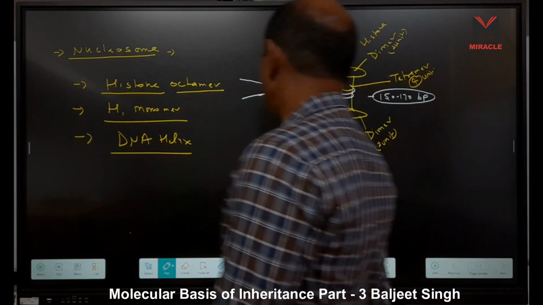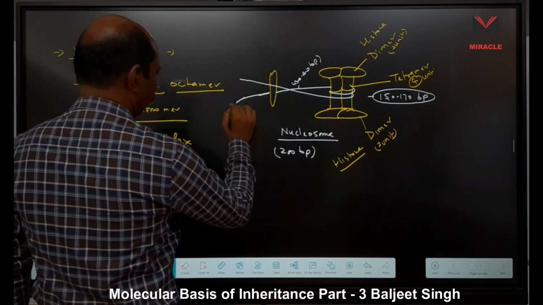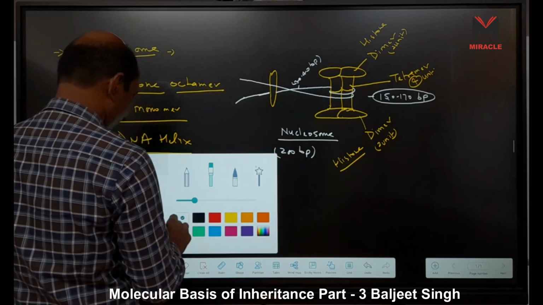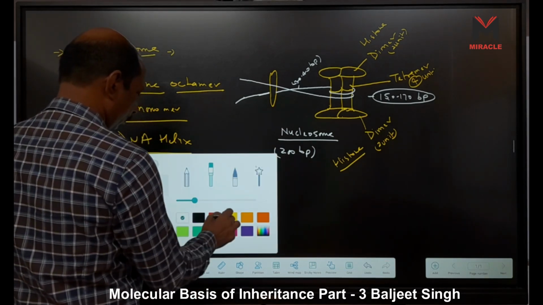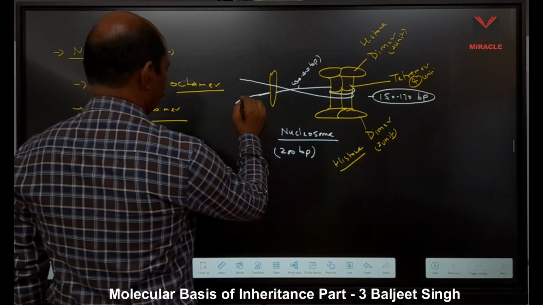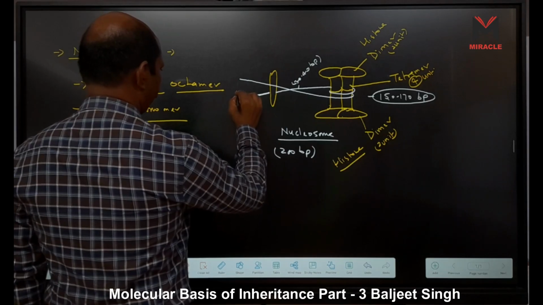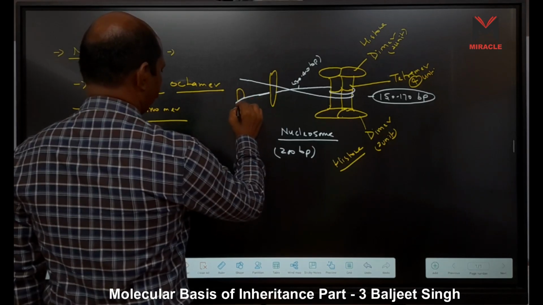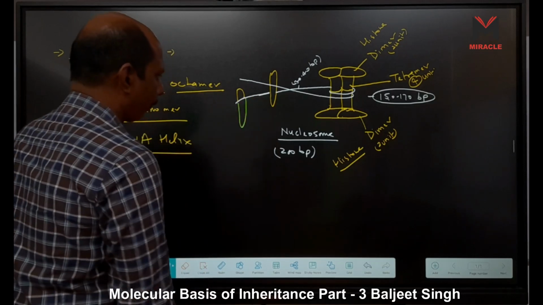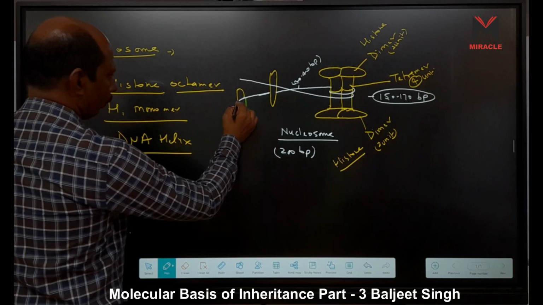Okay. Now when you see this one coming here, then what happens? It comes here. Now here is another octamer. Look, this is another octamer. And here when it comes from that side, what happens?